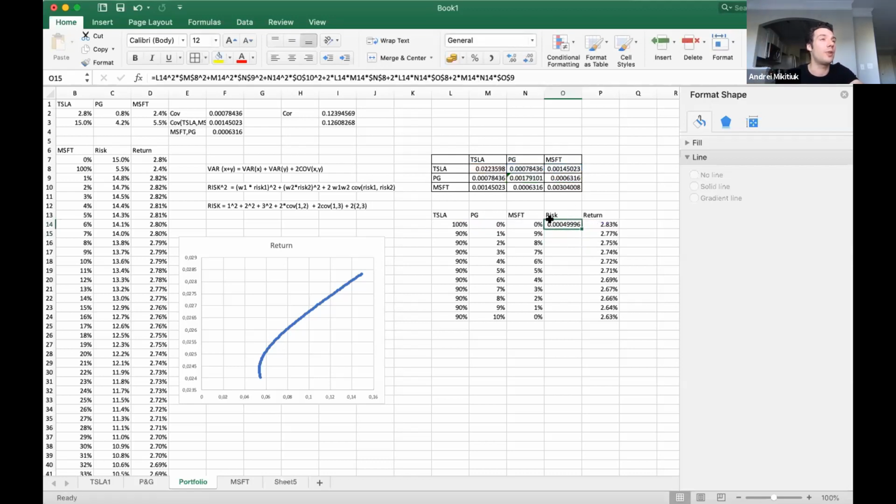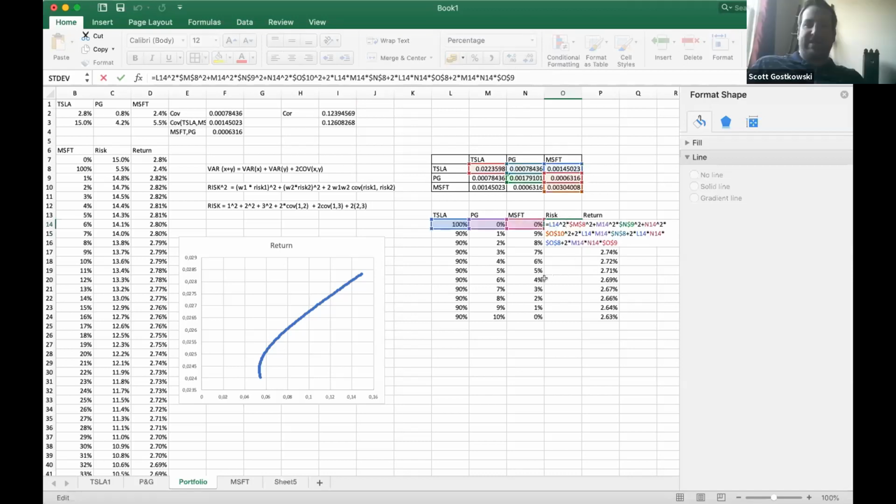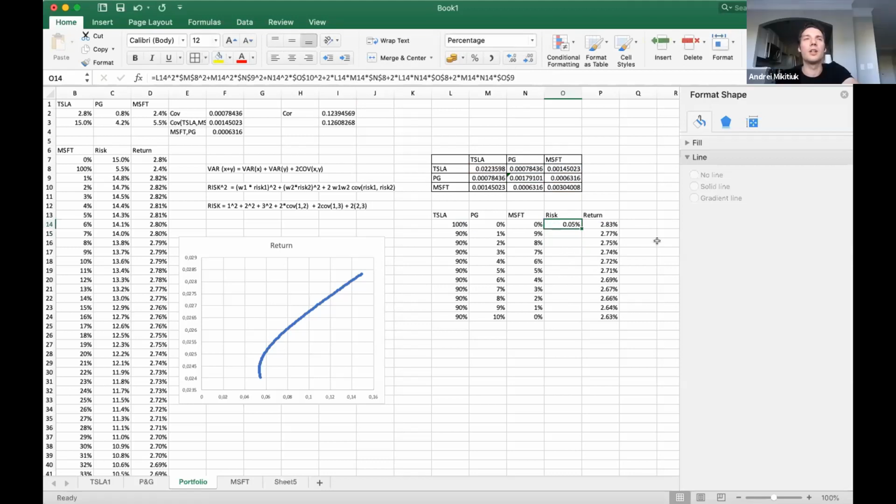And the risk should be quite, like, we should already have this. You have to take the square root of all that. Oh yeah, you're absolutely right.